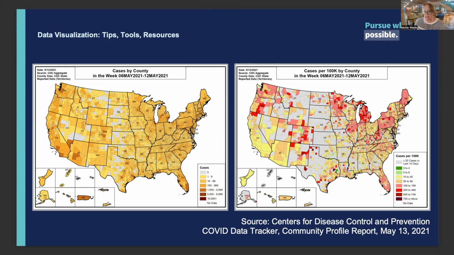By normalizing the data using a rate, like the map on the right, the comparison across different areas makes a little bit more sense, and our at a glance look at this map might give us a better idea as to what is actually happening in different areas.